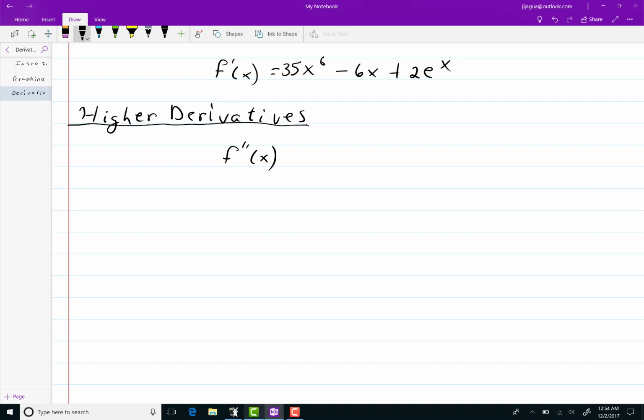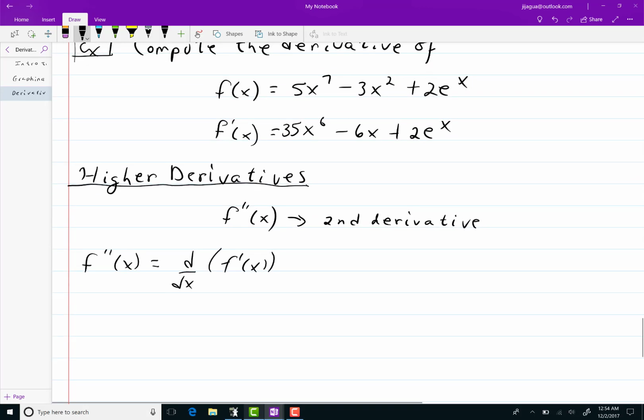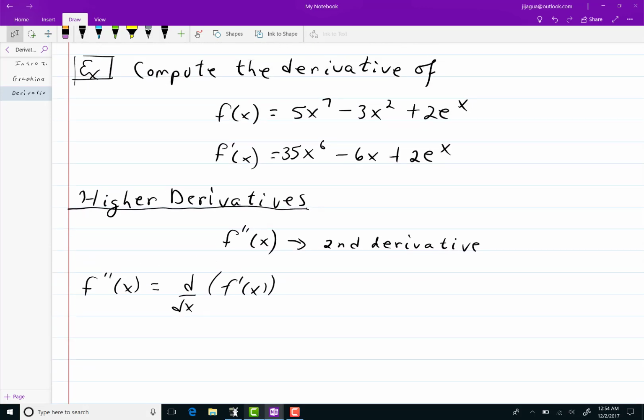This is called the second derivative. It just means you differentiate again. So f prime prime of x is the same as taking the derivative of something that you've already taken the derivative of.